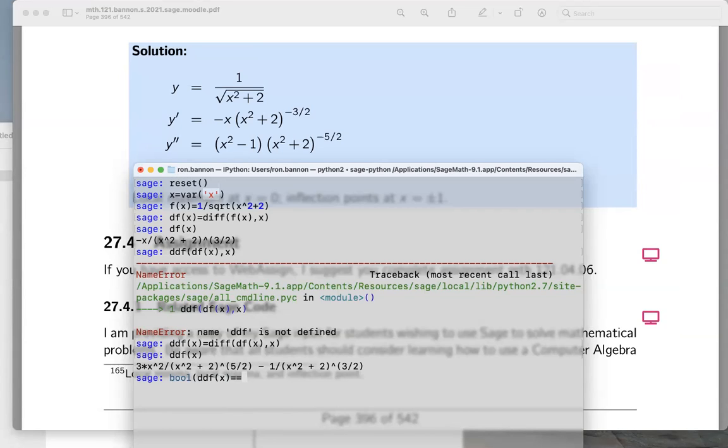If you remember, I said it was 2 star (x squared minus 1) star (x squared plus 2) raised to the power minus 5 halves. I'm looking at my notes from the whiteboard. It's true. My notes have an error.